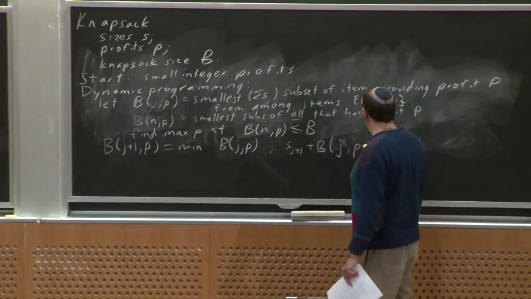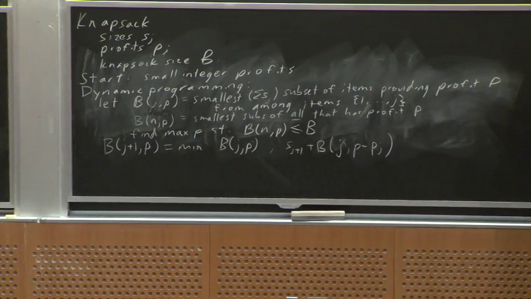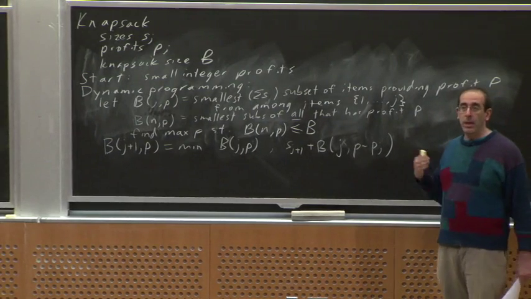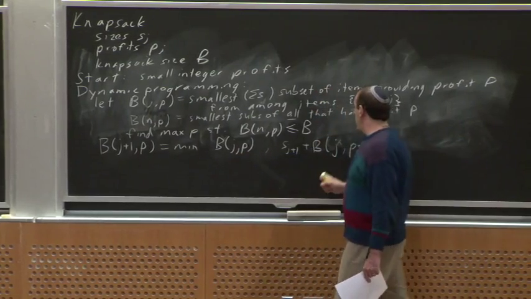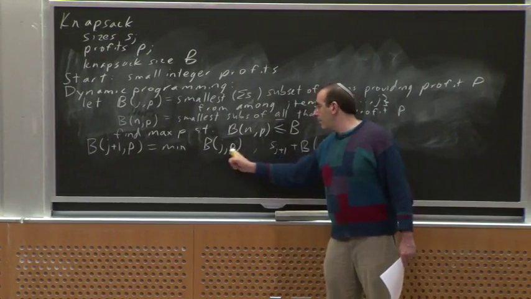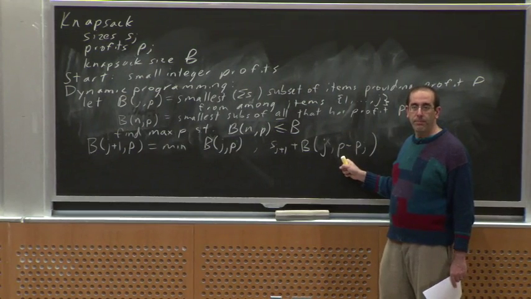It is sufficient to achieve profit P minus P_j+1. Okay? So we're just branching on these two possibilities of whether or not we use the item j+1 in the optimum subset. And in either case, we reduce to a problem higher up in the table that we've already computed the value for.